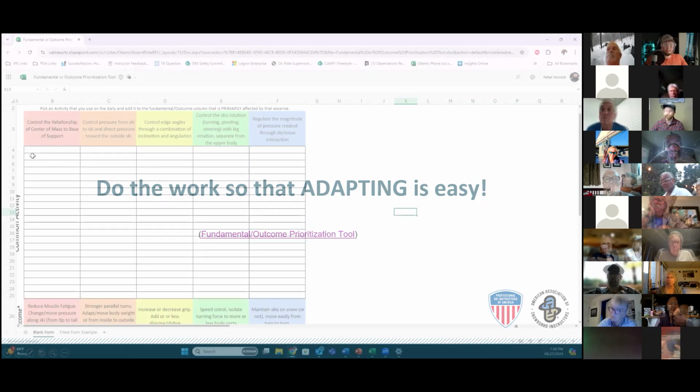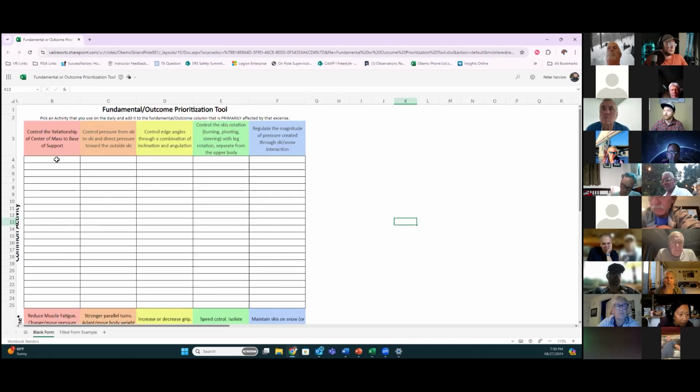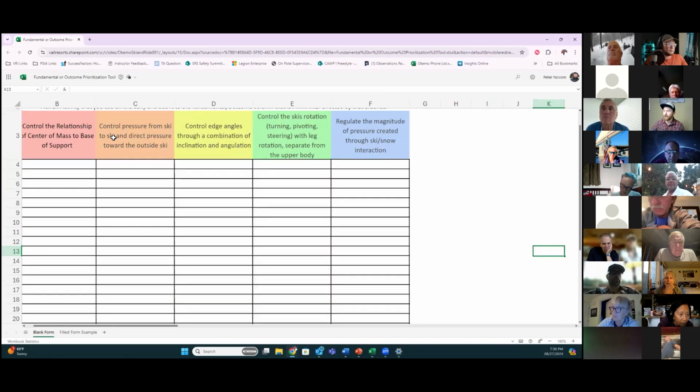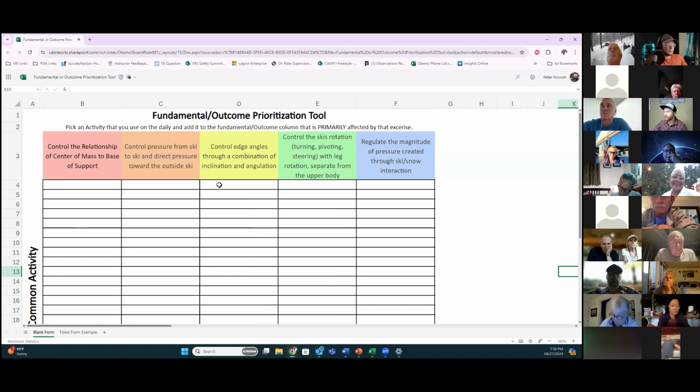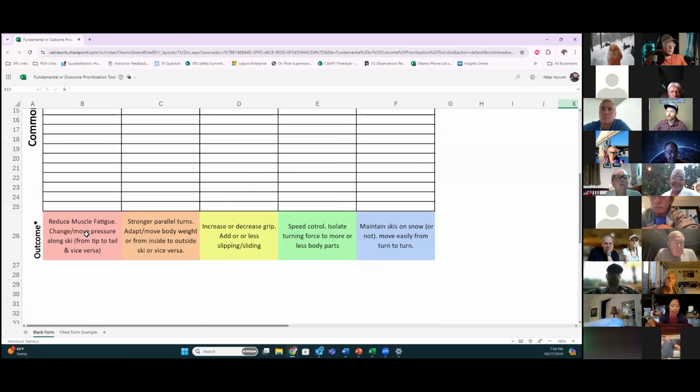Basically, I can tell you that I've had some pretty good success with this, and I'll just show you what I mean. So all it is is there are 5 columns because there are, sorry, snowboarders, in this instance, this is a ski-based tool, but you could add one more twist-based fundamental. So it's a list of fundamentals on the top, and it's a list of outcomes on the bottom. Now, the outcomes are things that came off the top of my head that I think can be modified with this fundamental.